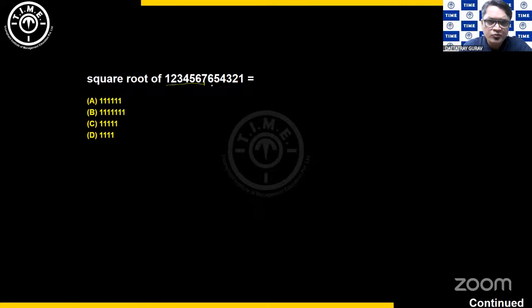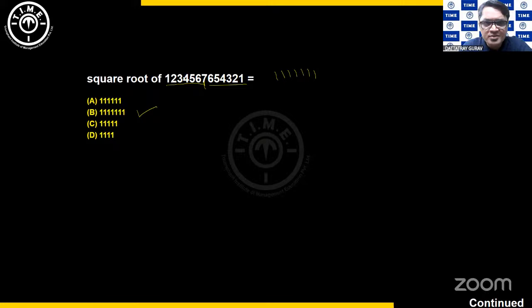Up to 7, and after that the number decreases. All the consecutive digits are there: 1, 2, 3, 4, 5, 6. All digits are there. So what should the answer be? 1, 1, how many times? It should be 7 times. So option B is the answer. This part is okay.